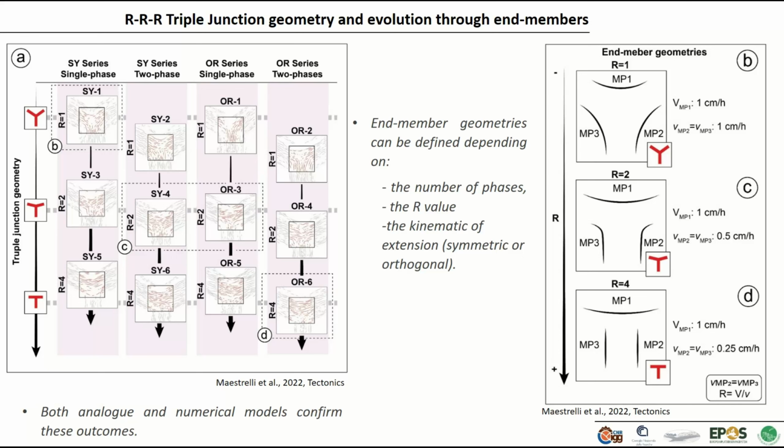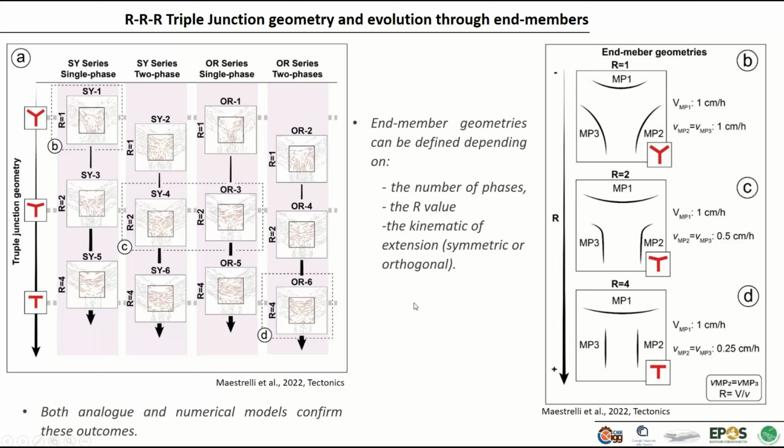We have the full picture also for the intermediate case, because we have run all the models with the intermediate parameters. So we can see that there is a gradient of asymmetry that goes from the most symmetric single phase model to the most asymmetric double phase model with a high velocity ratio. You can see a summary in this picture.